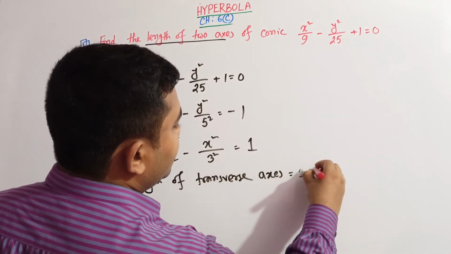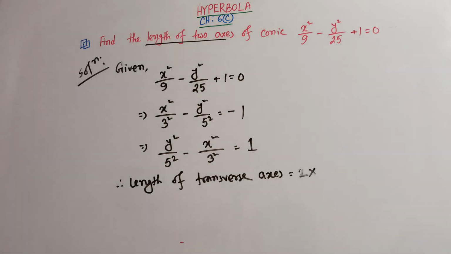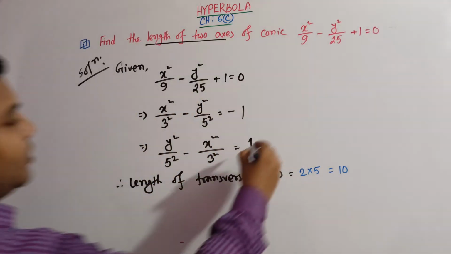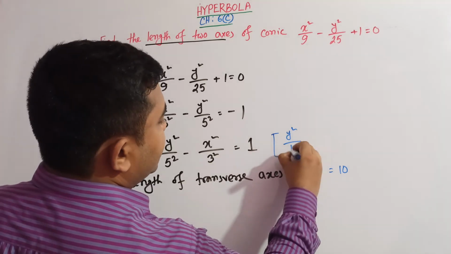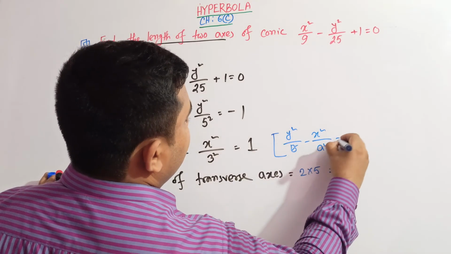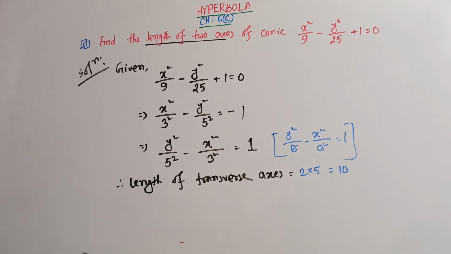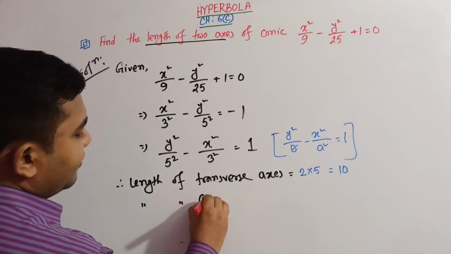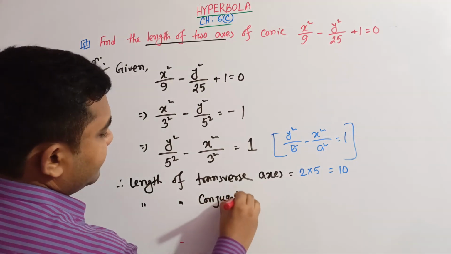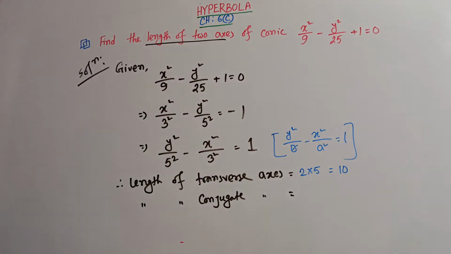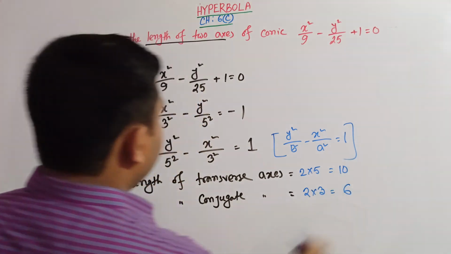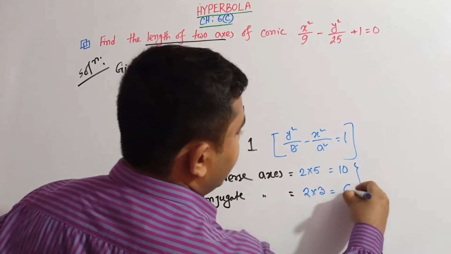So 2 into b, it can be 2 into 5, because we know it is looking like y square by b square minus x square by a square equals 1, this shape. And the length of the conjugate axis should have been 2 into a, I mean this is 2 into 3, this should be 6. So these two are the required answer.